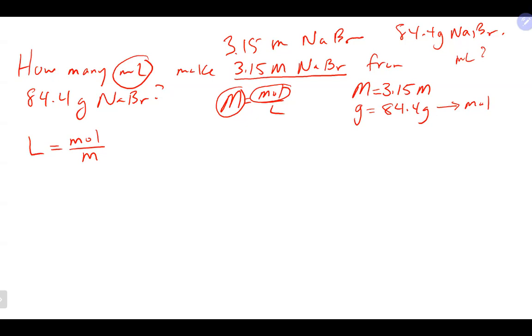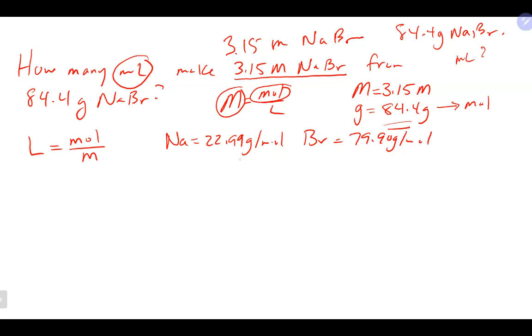So one of the first things we want to do is convert our grams into moles, so we get everybody in the right unit. To do that, we go to the periodic table, which I'm just going to hope is still 22.99 for sodium and about 79.90, I hope, for bromine, give or take a little bit.